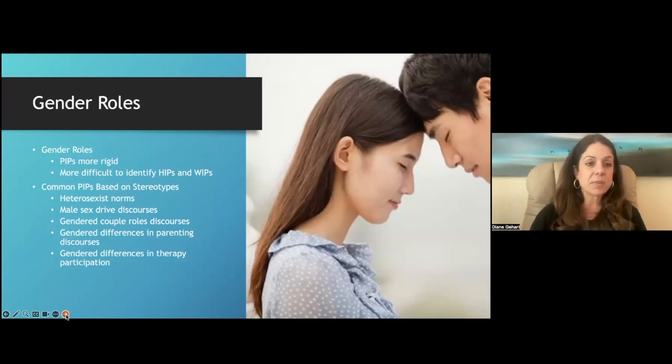So there can be a lot of PIPs based on stereotypes like heterosexist norms, male sex drive discourses, men always want sex, gendered couple role discourses, gender differences in parenting, gender differences in therapy participation. So gender is one, especially if you do a lot of couples work. And even with same-sex couples, you will see some of these similar patterns emerge.